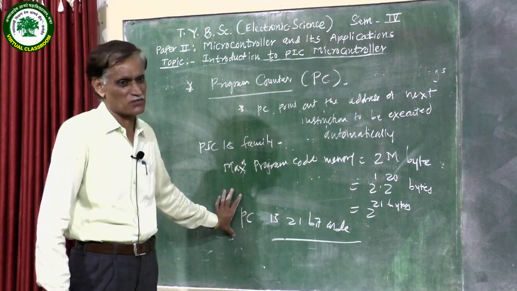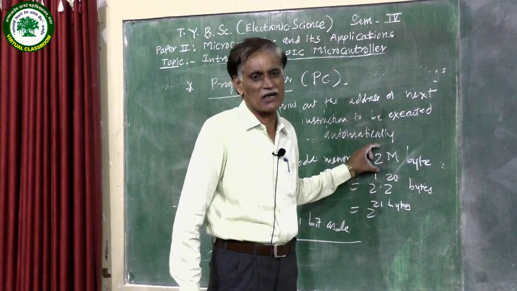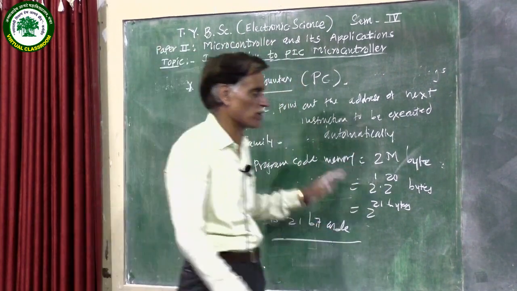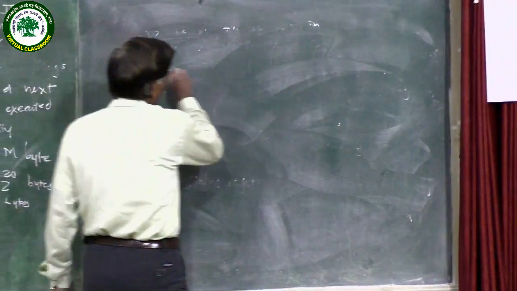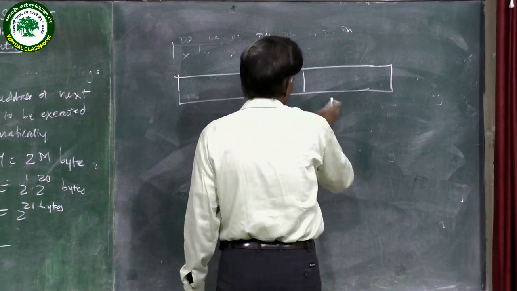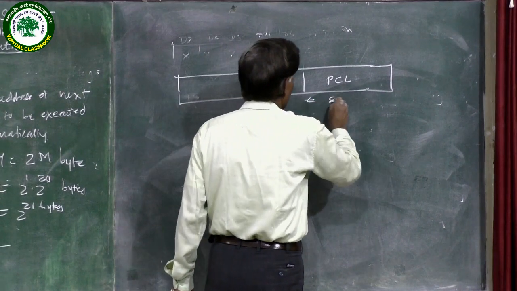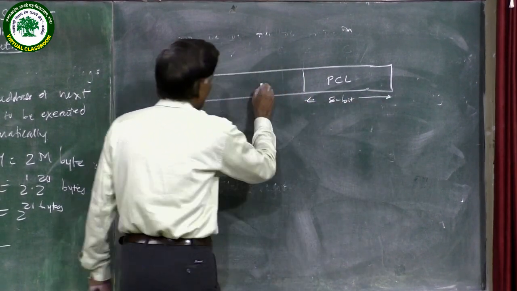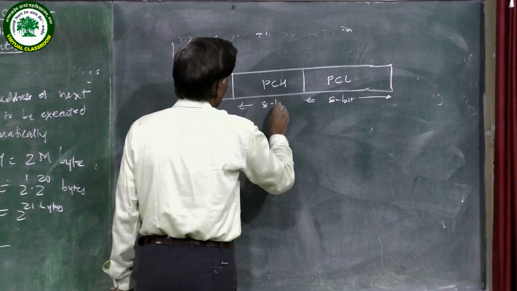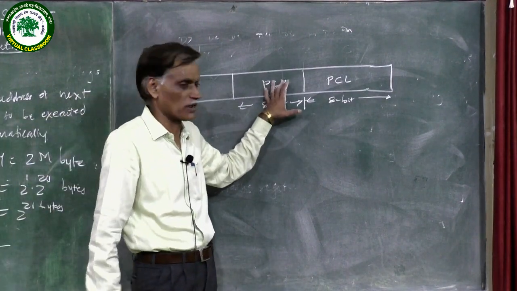Many times we have done these particular calculations. In order to access the maximum memory of 2 megabytes of program code memory, our program counter must be 21 bits wide. And how it is represented, I will tell in brief only. The lower 8 bits are known as PCL, 8 bits wide, the low order byte of the program counter. The remaining 8 bits are represented by PCH, the high order byte of the program counter.